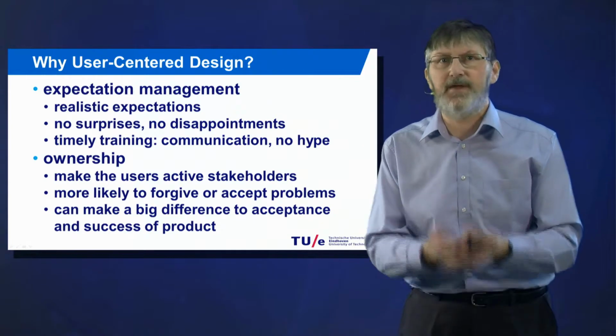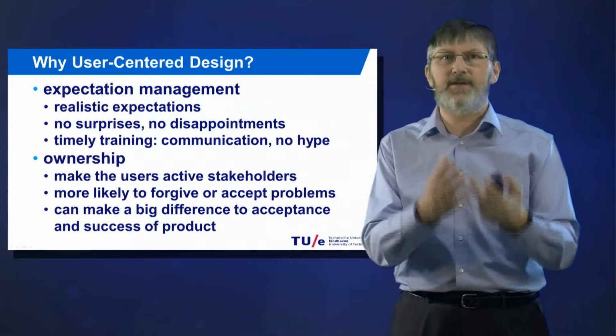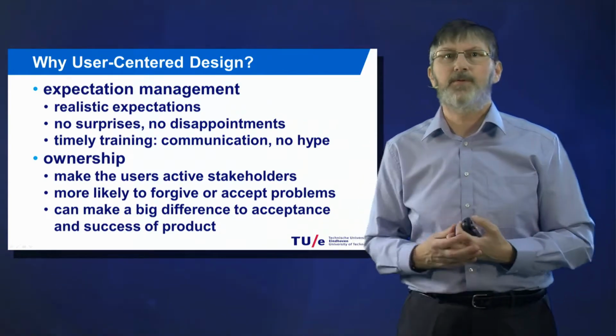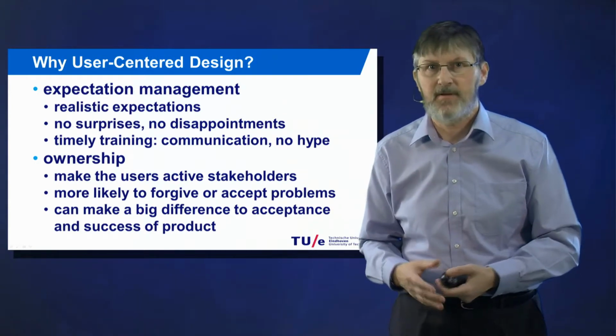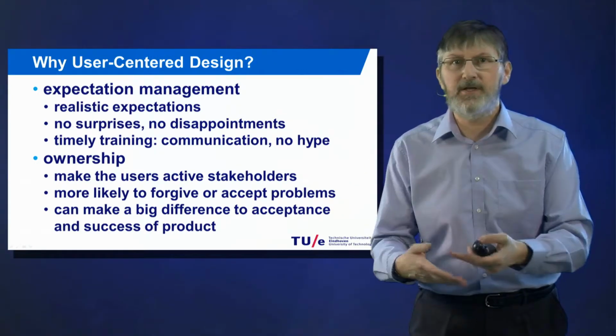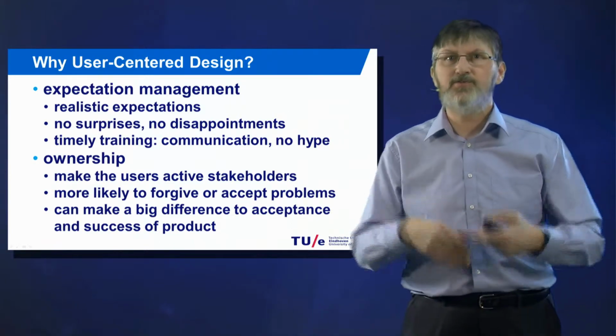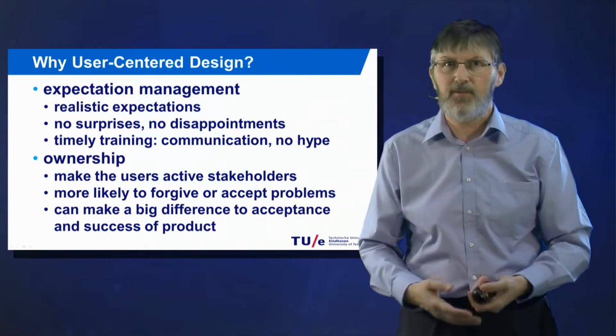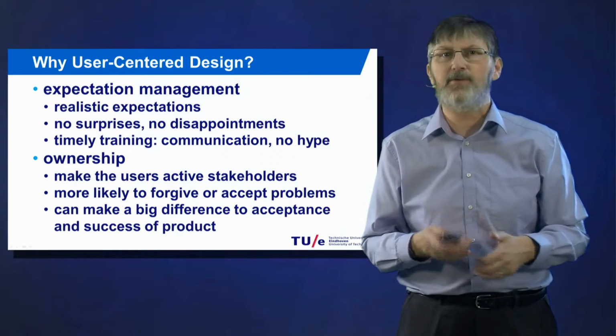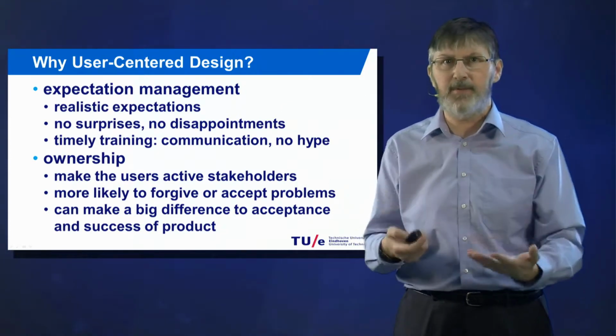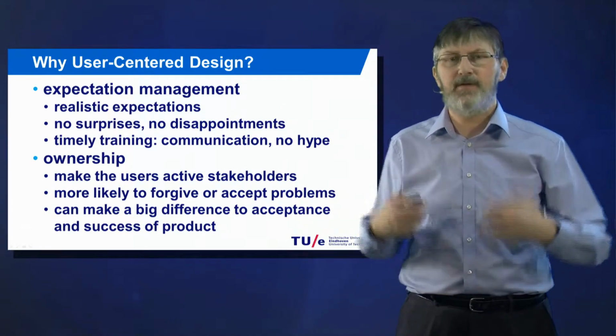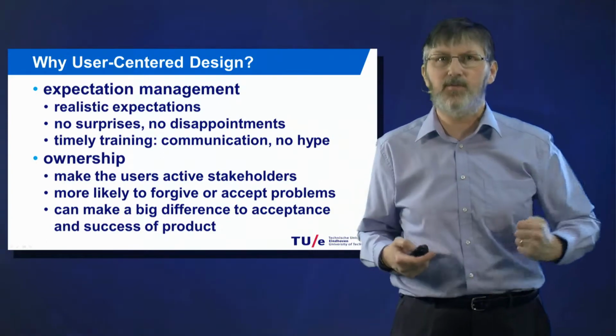This ownership can make a big difference between acceptance and success of a product or failure. We need early adopters who spread a positive word, a positive vibe about a product so that other people who are more neutral about it become enthusiastic and want to buy the product.